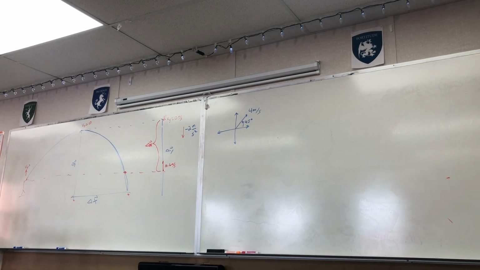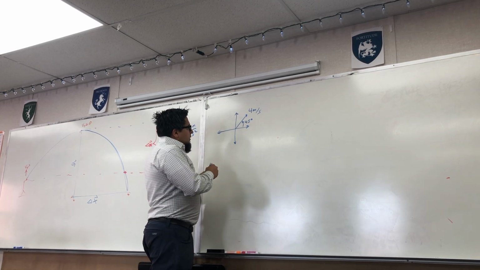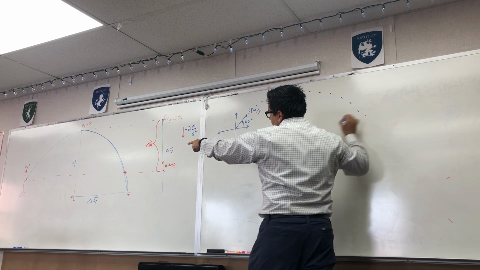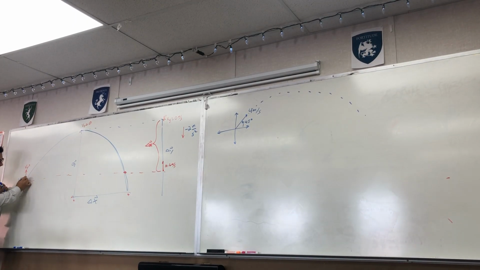I know that when I throw this, I have a velocity this way that is Vx and a velocity this way that is Vy.